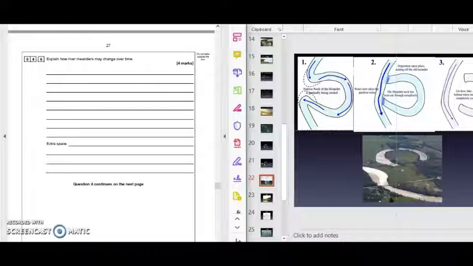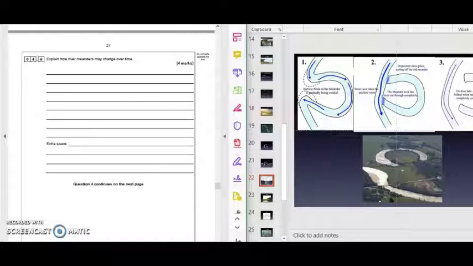4.6, explain how river meanders may change over time. So meanders are bends in the river, and they normally happen in the middle and lower course of the river's profile. Now, why the river bends is because in the ground there's hard rock and soft rock, and it'll always try and find the easiest path to take. So if there's hard rock, it will normally bend around it and erode the soft rock.